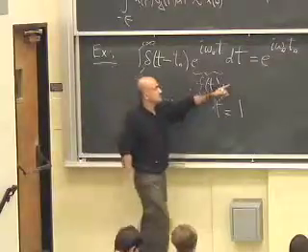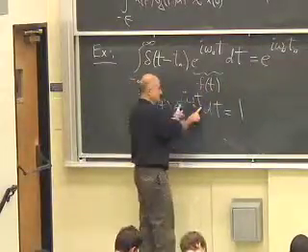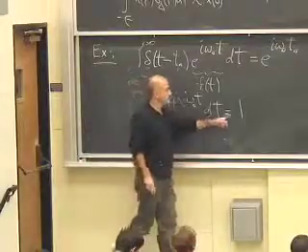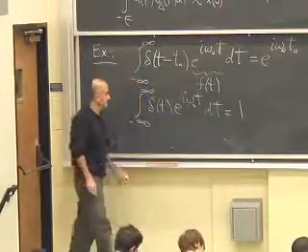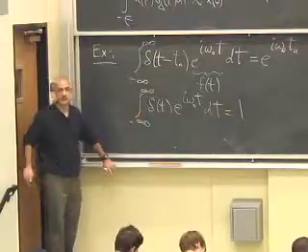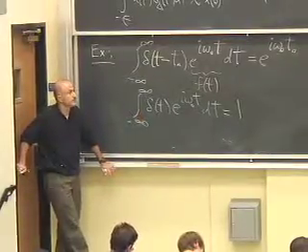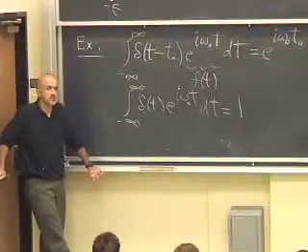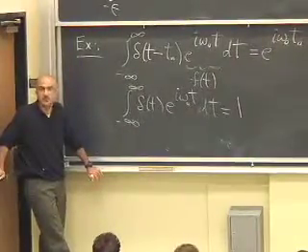Because it's this function evaluated at t equals 0, which is 1. You'll use this a lot later on. Okay, let's take a break, and then I'm going to move into a discussion of systems and their various properties.